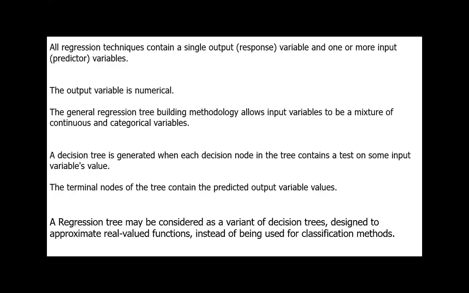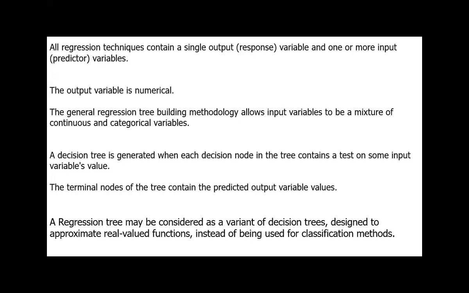The general regression tree building methodology allows input variables to be a mixture of continuous as well as categorical variables. A decision tree is generated when each decision node in the tree contains a test on some input variable's value.